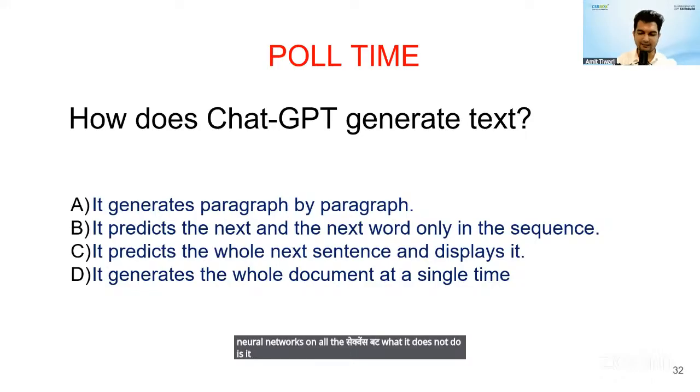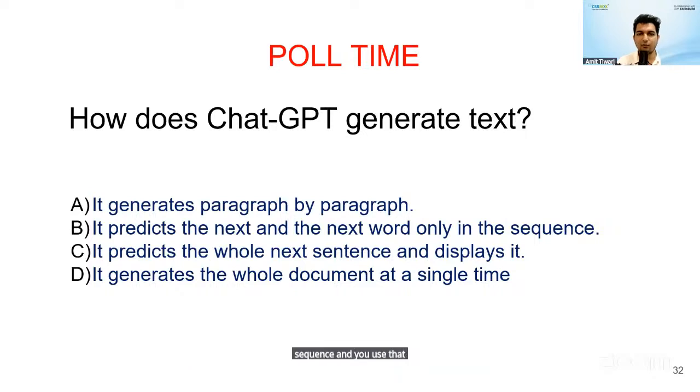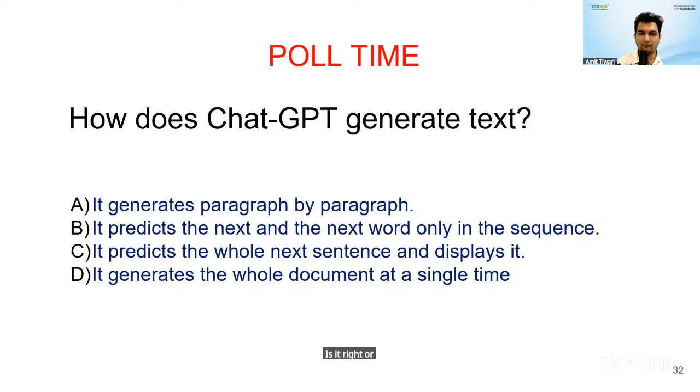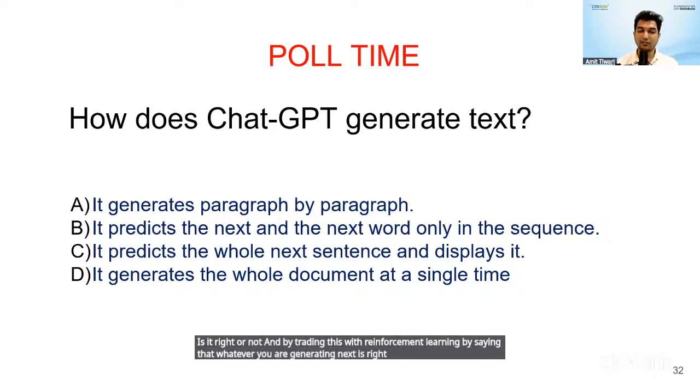So let's say you have a big large language model and you want to create another one. You ask the smaller language model to predict what can be the next word in the sequence, and you use the bigger large language model to train the smaller one, to say whether the next sequence you are generating is right or not. By training this with reinforcement learning, saying that whatever you are generating next is right because I know that is right, it adjusts its weights and biases to generate better.